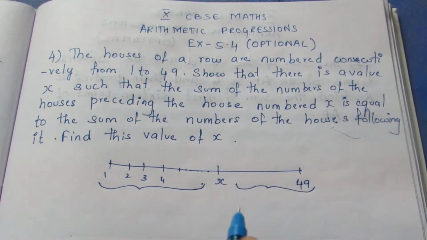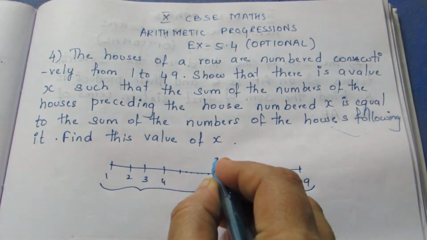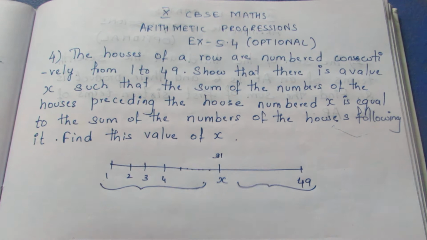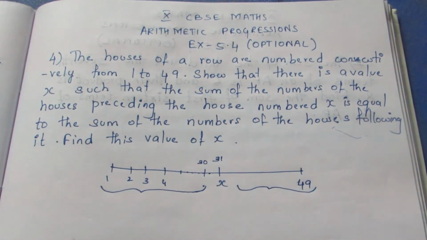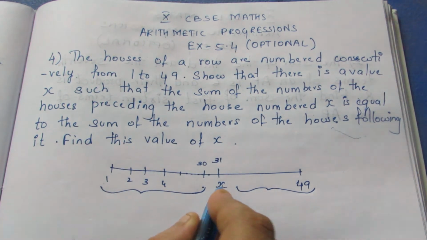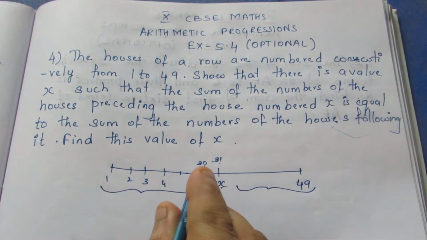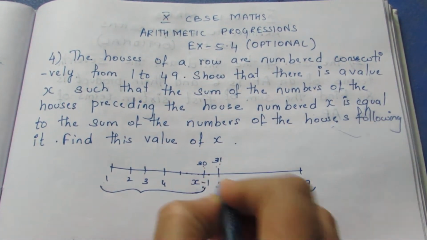So if we take this to be 31, what is the preceding house? It will be 30, right? So if this is x, the preceding number will be 1 less than this, so it will be x minus 1.